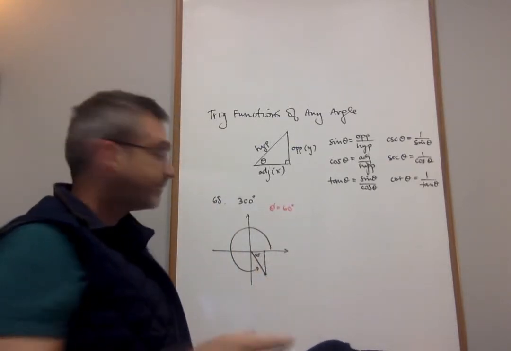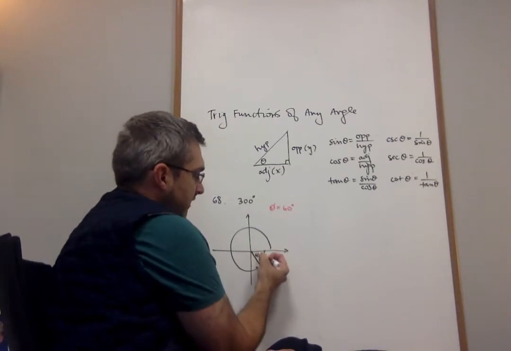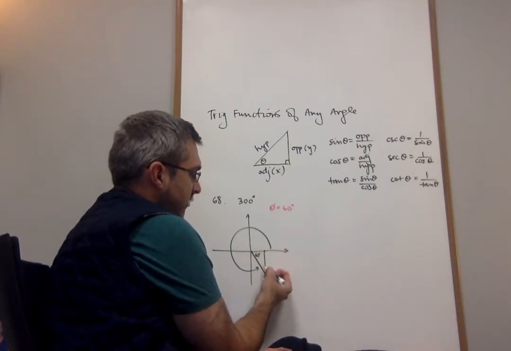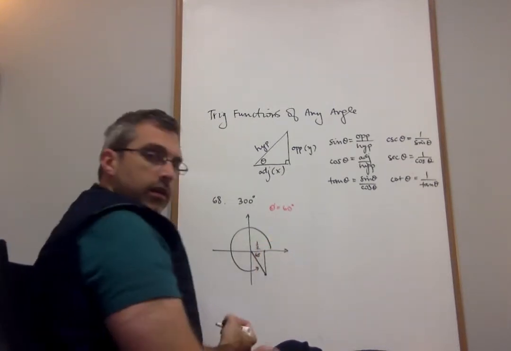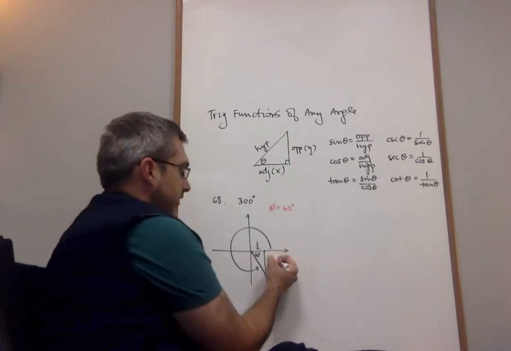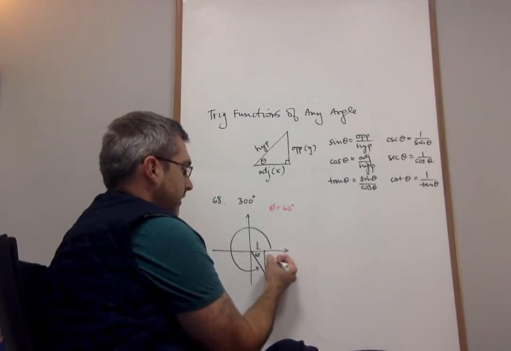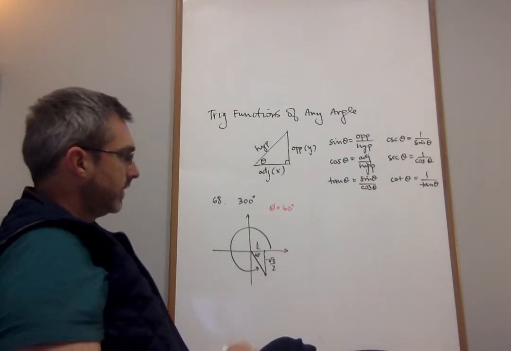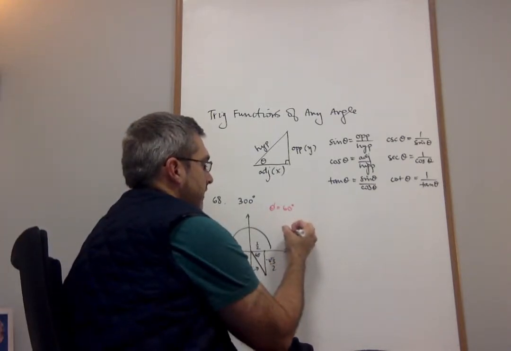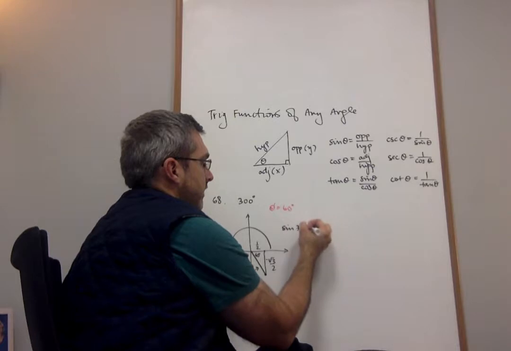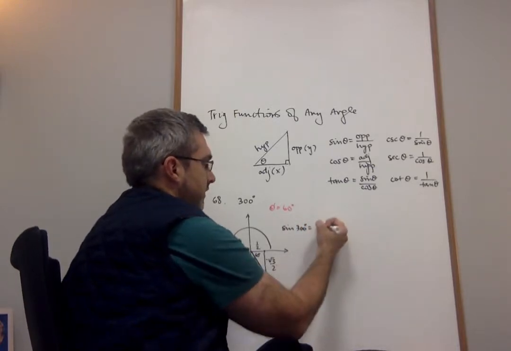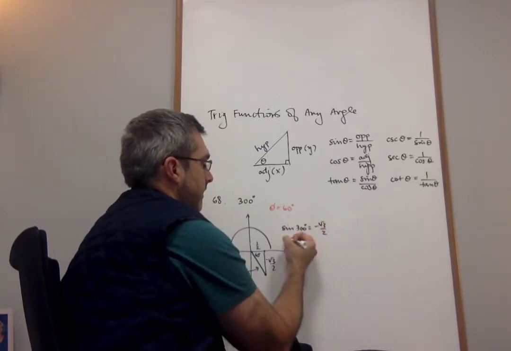Since this is a 30, 60, 90 right triangle, one of these sides is 1/2, that's this one. One of these sides is root 3 over 2, that's this one, but it's going to be negative because y is negative there. And so if I were to find the sine of 300 degrees, that's negative root 3 over 2, that's the y.